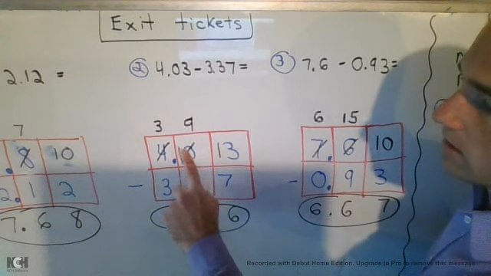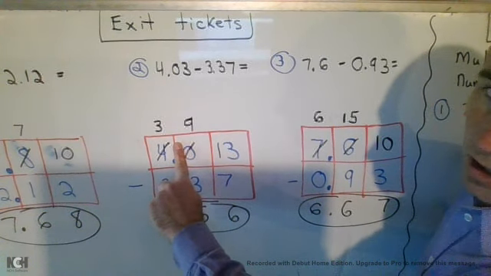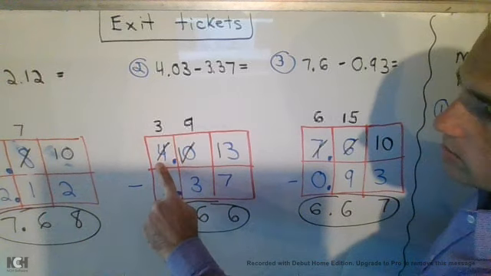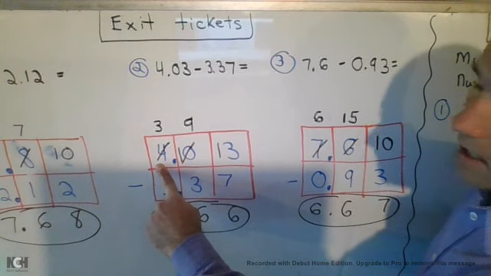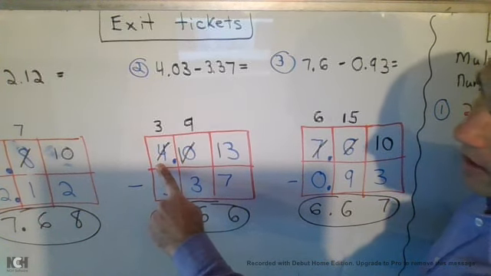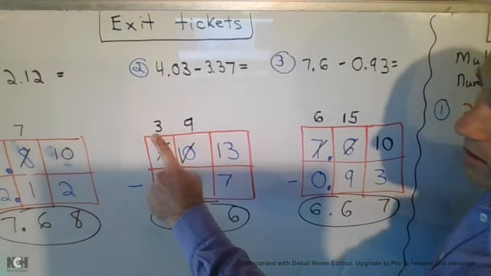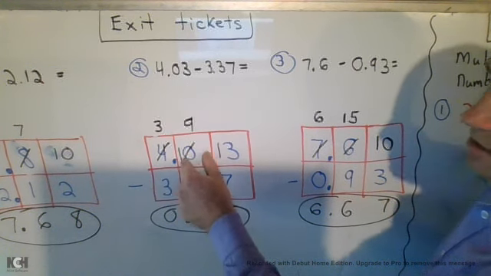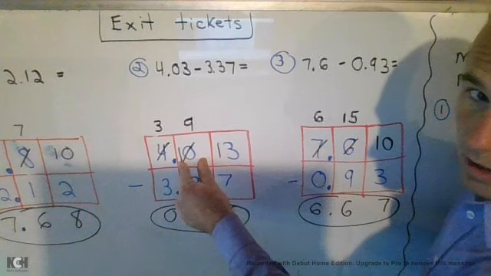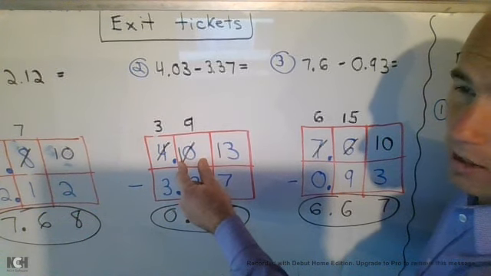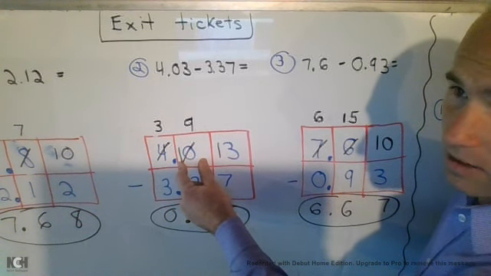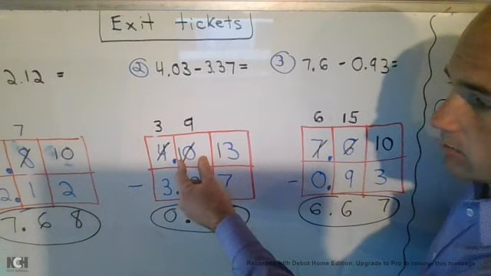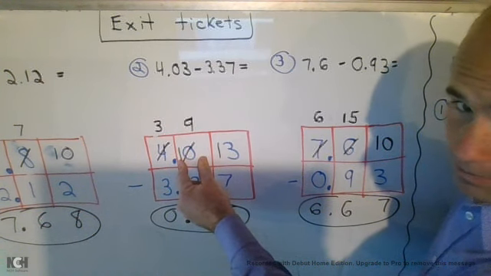Well, there was nothing in the tenths place. It was 0 there. So I had to go all the way over to the ones place and borrow, steal from there, which left me 3 ones. I was able to give 10, think of it like a $1 bill breaking up into 10 dimes. So I was able to give 10 dimes to the tenths place.